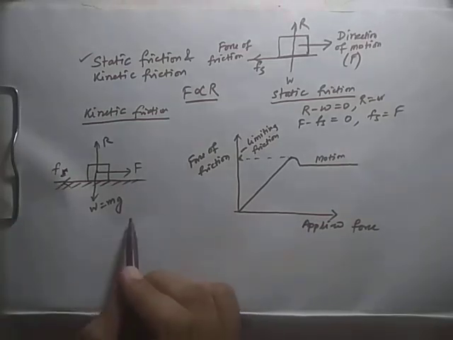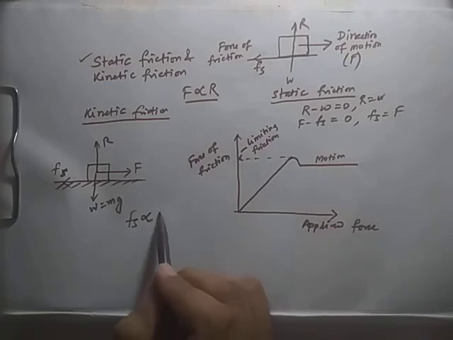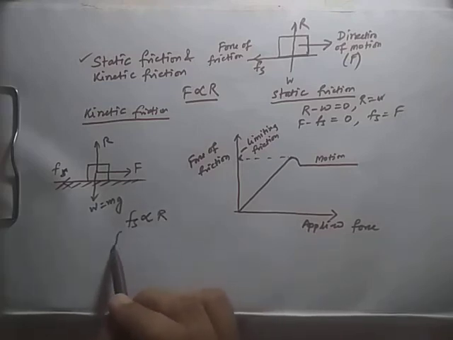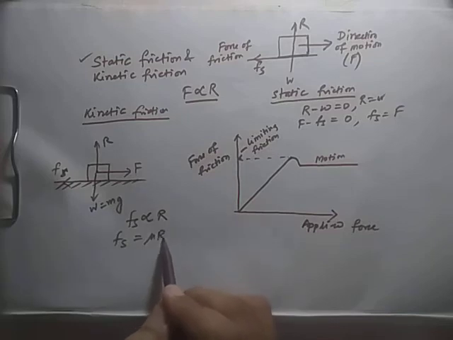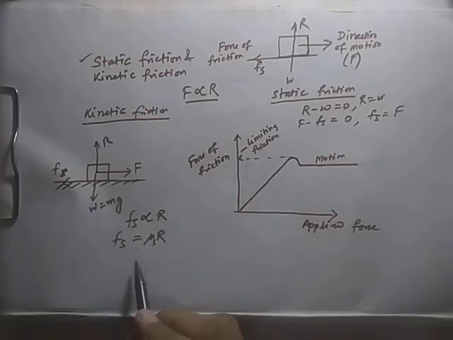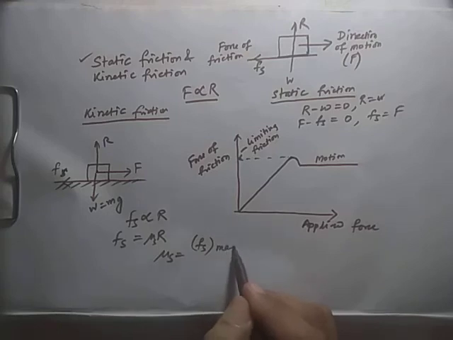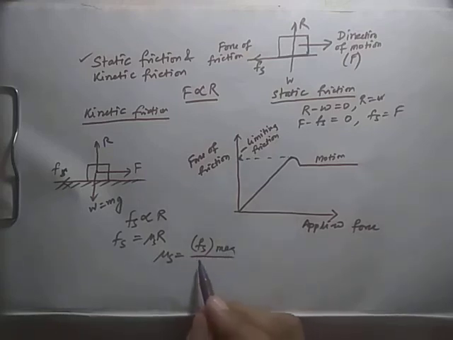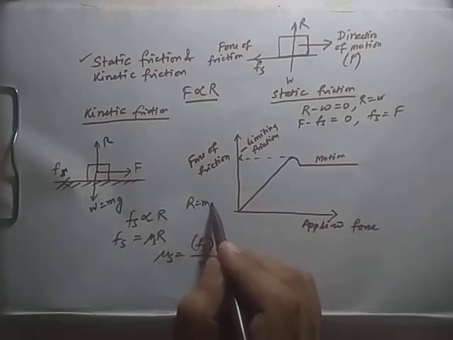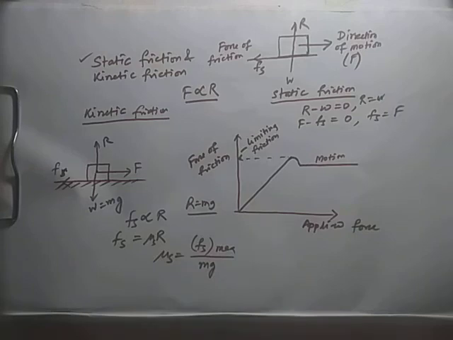So you can write the formula Fs is directly proportional to R, or Fs is equal to mu s into R. So mu s is equal to Fs max by R, where R is equal to mg. This one is known as the coefficient of friction. It has no unit, it's just a number.